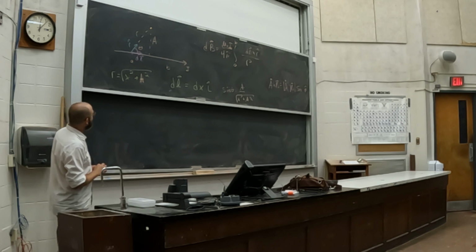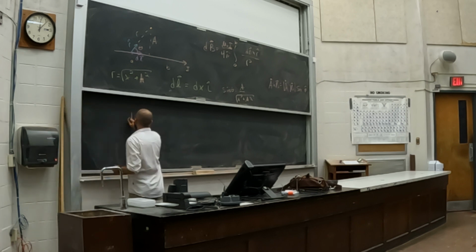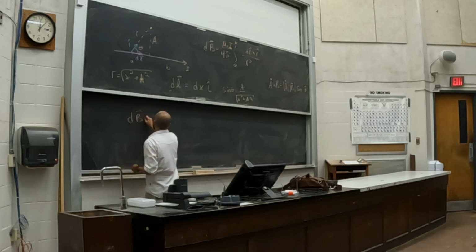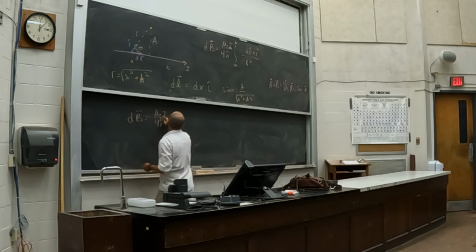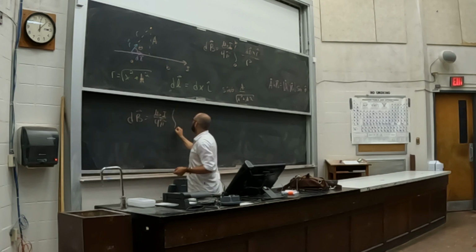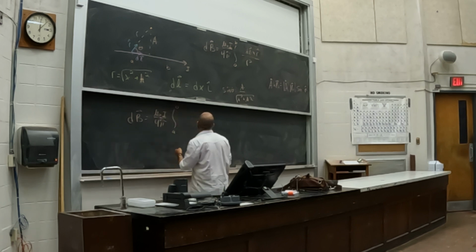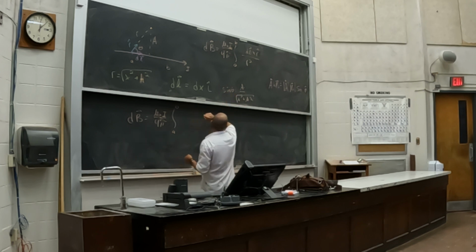Okay. So, what am I left with in my integral? μ₀I over 4π times this integral, which in this case is running from A to B. And then I've replaced the dl cross r̂ over r² with, I think I erased it. What did I have here?